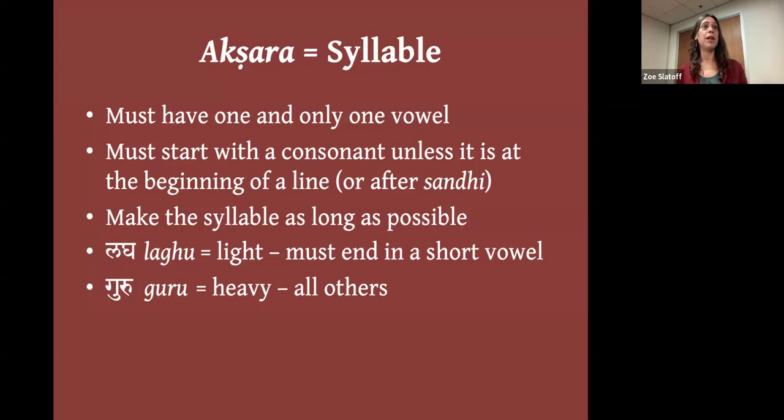A syllable can have one and only one vowel. That's a syllable. It also must start with a consonant unless it's at the beginning of the line or after some sandhi rules of word joining, which we will not go into. There's this other rule, and this is probably one of the hardest ones, is that you want to make the syllable as long as possible.